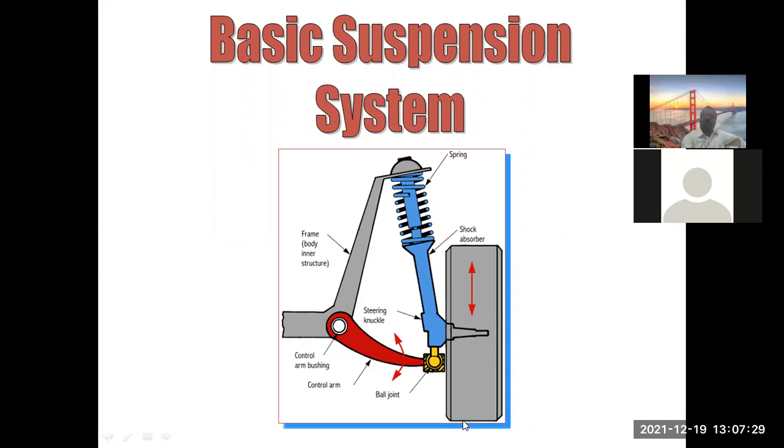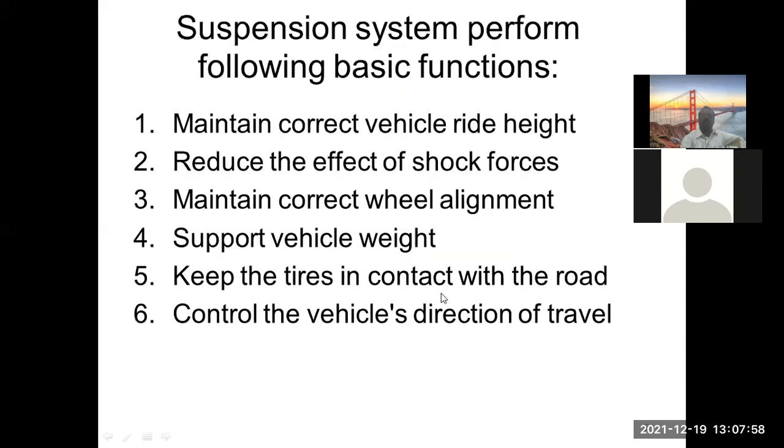Whatever shocks are received by the wheel-tire assembly, we don't want to transmit to the chassis, because if it is transmitted to the chassis, it will be transmitted back to the passenger compartment. In other words, the shock is reaching the passenger, which we don't want, and therefore we want to isolate it, and that is where the role of the suspension system comes into the picture.